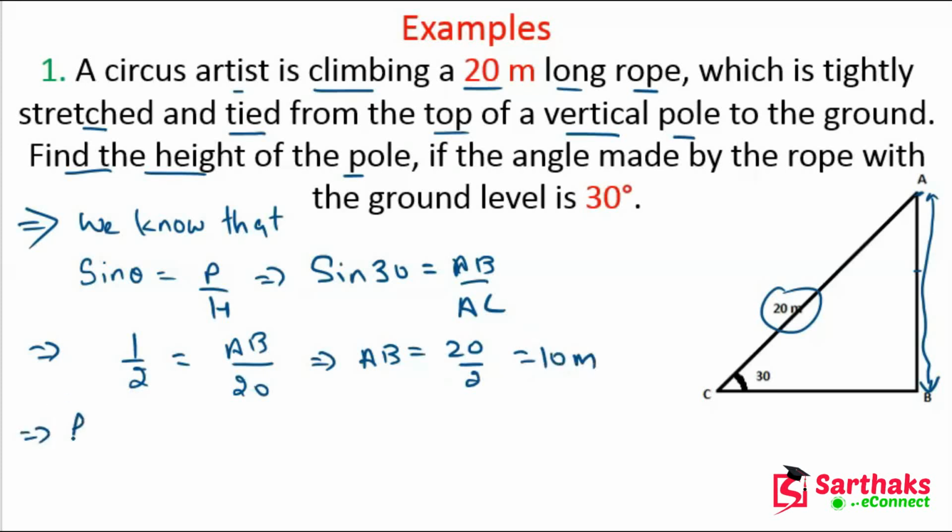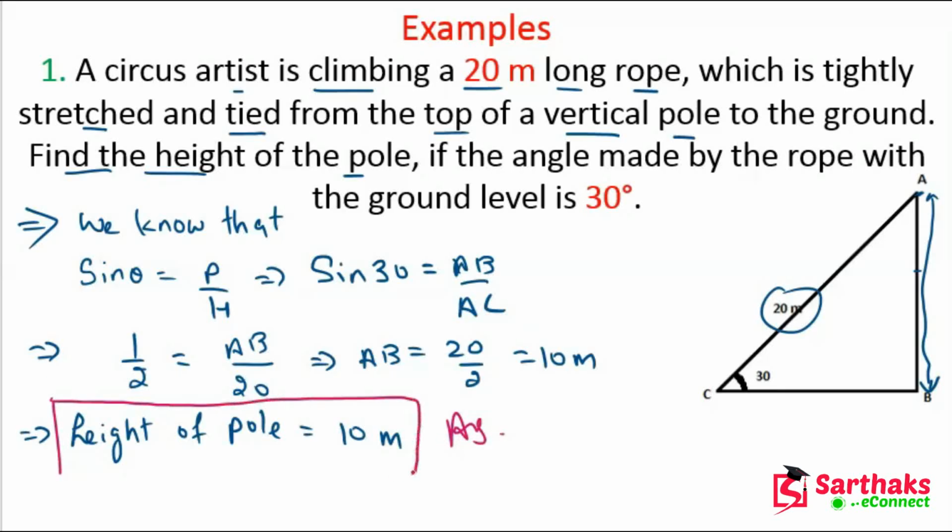So we can say the height of the pole is equal to 10 meters. So this is our answer. My dear friends, I hope you understand these types of questions. Now let's move on.